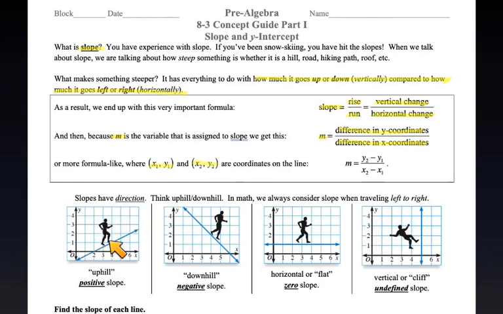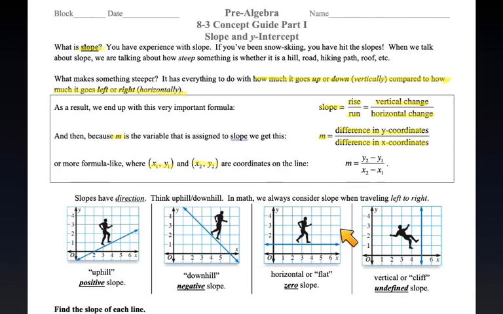Slope has direction. In math, you're always traveling left to right, kind of like when we read or write. We always write left to right or read left to right. And if you're going uphill, we call that a positive slope. If you're going downhill, that's a negative slope. If there is zero slope, it's totally flat. You're neither going up nor down. And if you're going up at all, like if it's barely going up, that's still a positive slope.